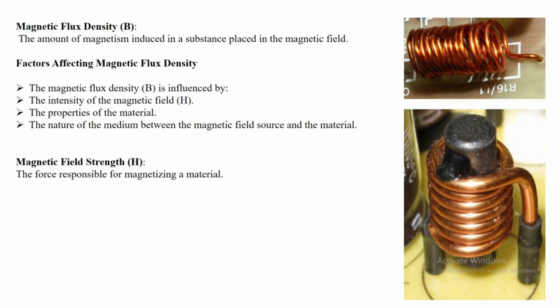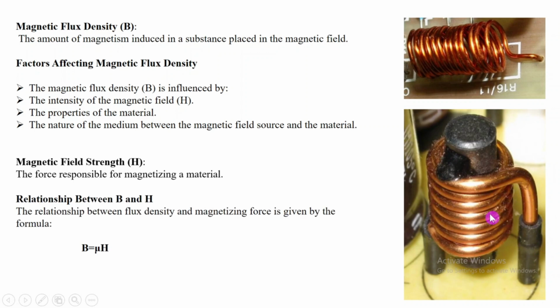Now, on the other hand, we have the magnetic field strength. Magnetic field strength is actually that external magnetic field which is produced due to the change in the current in this coil. The relationship between the magnetic flux density and the external magnetic field strength, I mean the relationship between this internal magnetic field of the soft iron and the external magnetic field, is given by B = μ₀H.